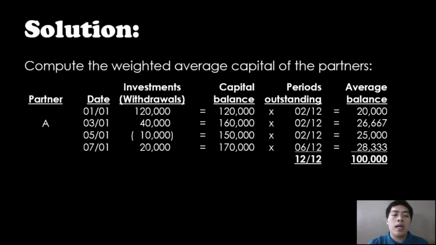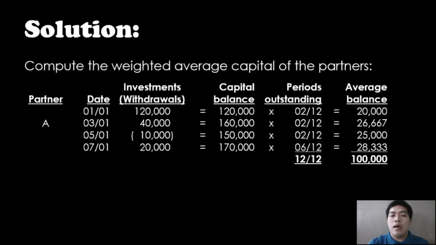Bakit? Before siya nagkaroon ng another investment, 2 months muna yung nag-pass from May 1 to July 1. So, we have 25,000. Dito naman, nagkaroon siya ng investment na 20,000, nagkaroon na siya ng capital balance na 170,000.